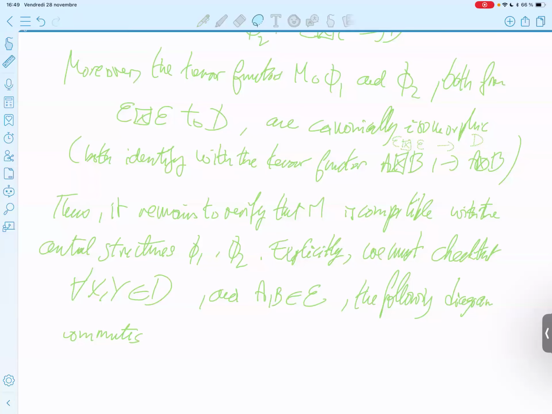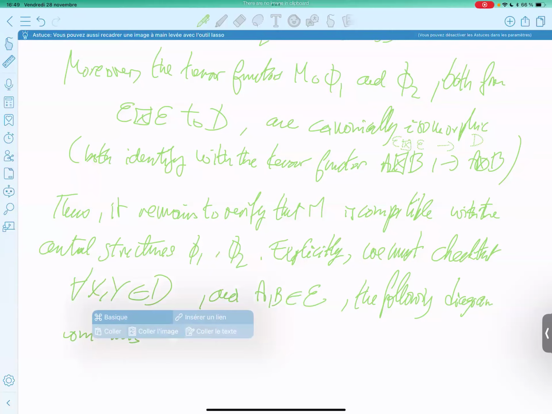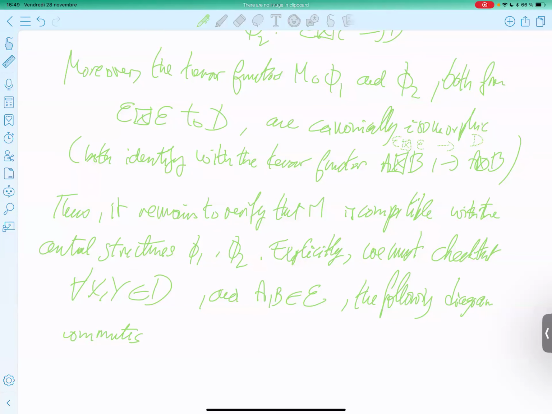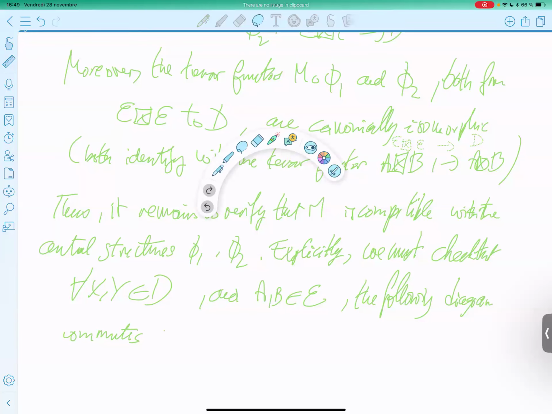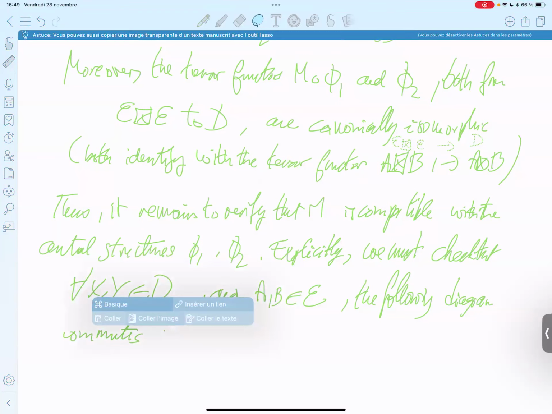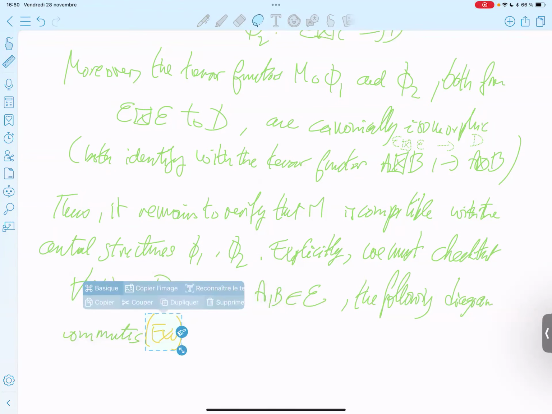This is an exercise to show. Let me draw this diagram.